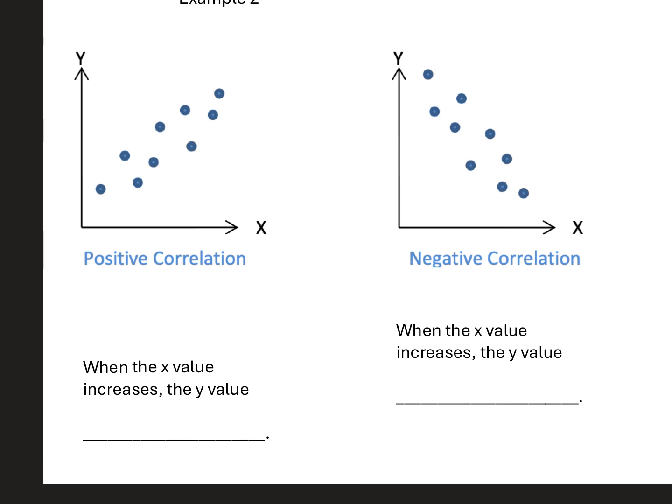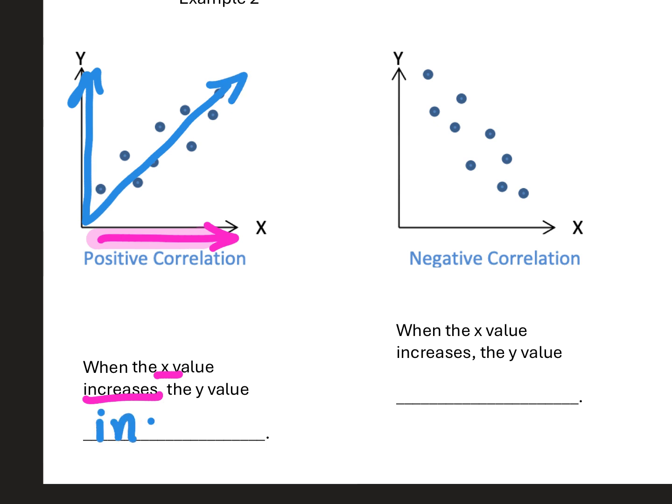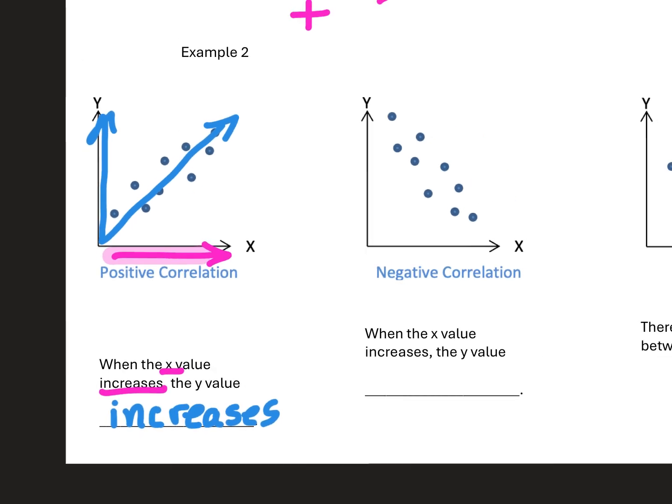In an opposite example here, you can see that when the x value increases, instead of decreasing, this time the y value appears to be increasing. So this is an example of a positive correlation. Here's another example of a negative correlation.